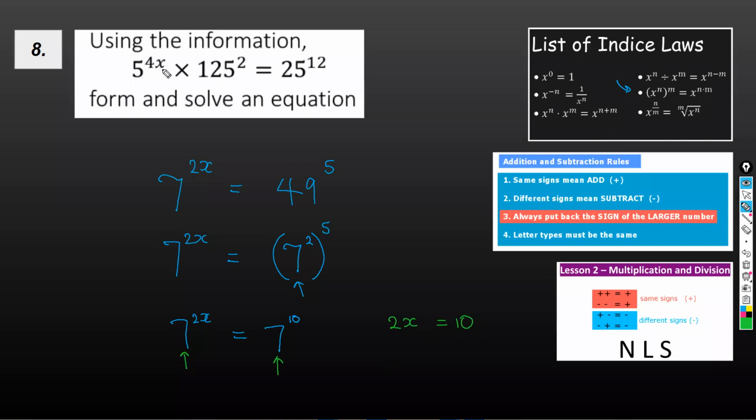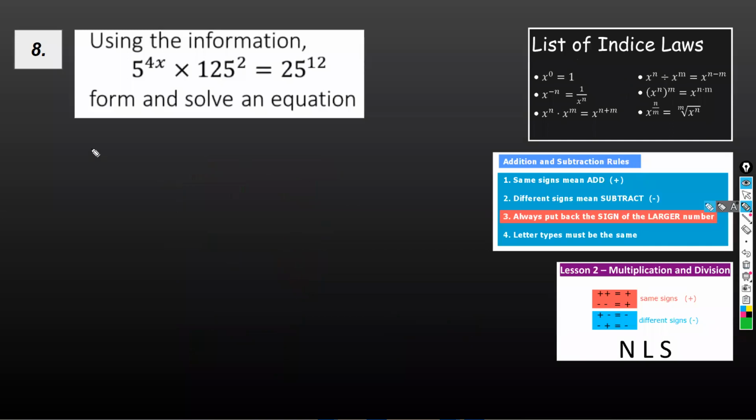So let's go back to this question now, right? We have 4 to the power x multiplied by 125 squared is equal to 25 to the power what? 12, right?